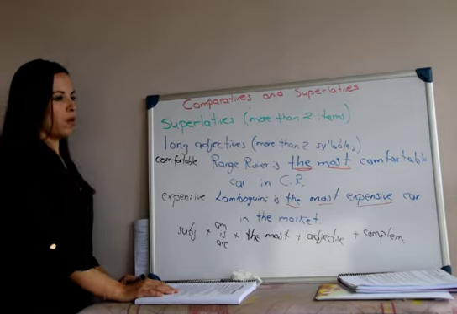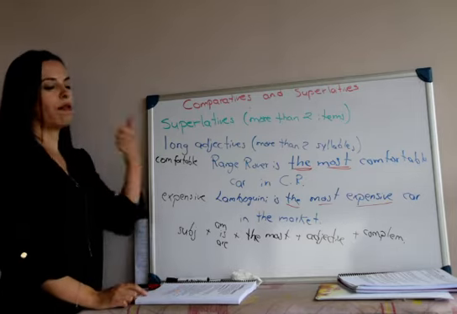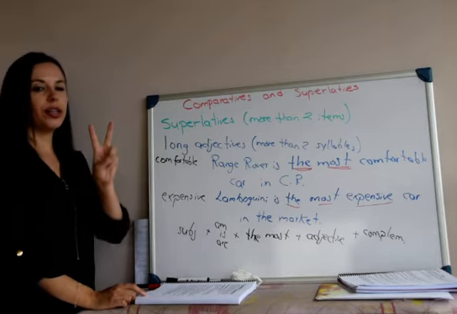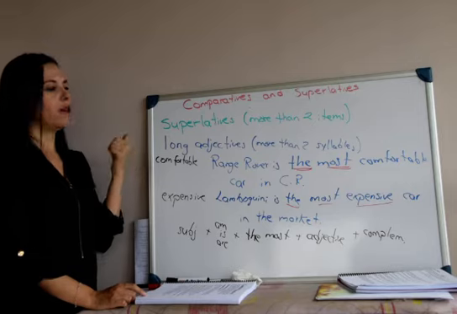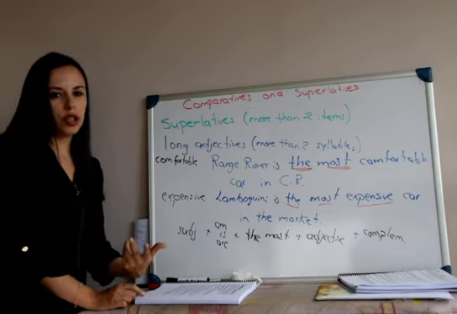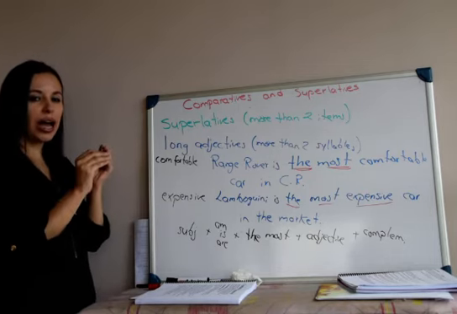So, when you are writing or when you are comparing, what do you need to pay attention to? First, you need to pay attention to how many items you are comparing. If you're comparing 2, you use comparatives. If you are comparing more than 2, you use superlatives. The second thing that you need to pay attention to, the adjective. Is it a long adjective? Is it a short adjective?